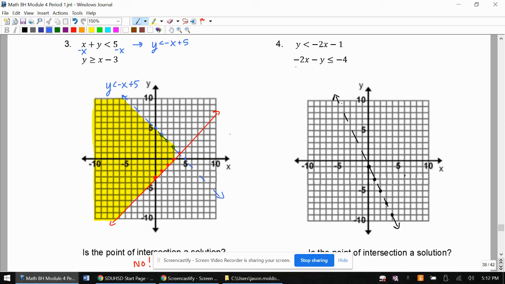And the other line, we need to do a little bit of work to isolate y, which includes flipping the inequality sign. This one is solid.